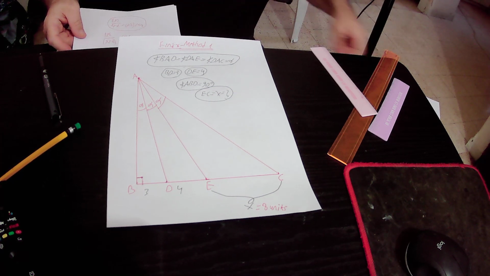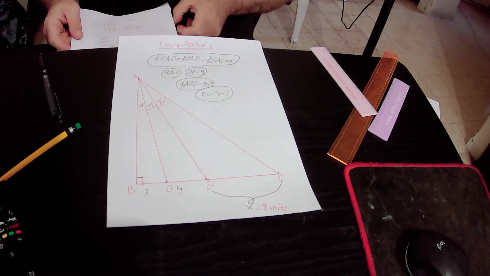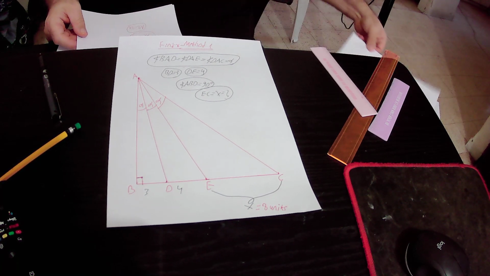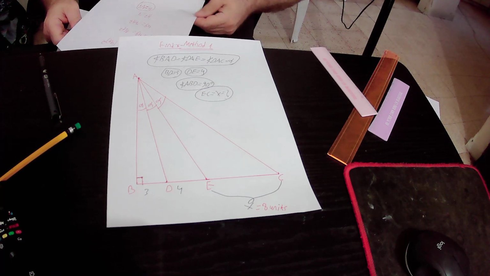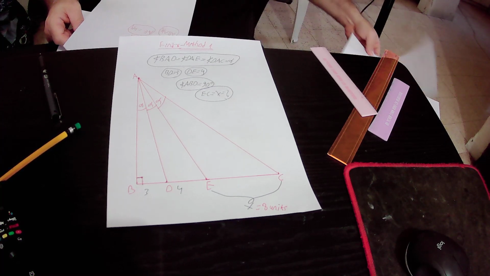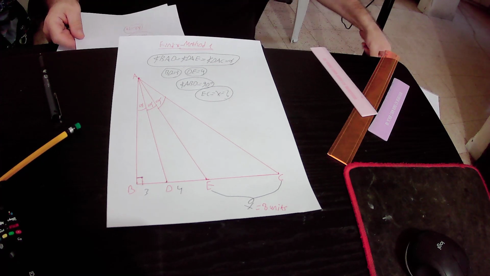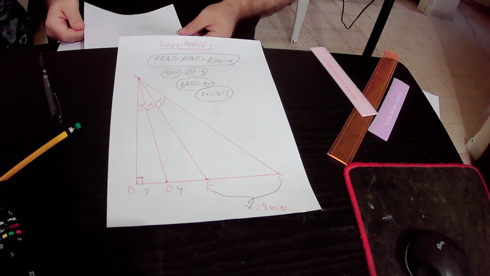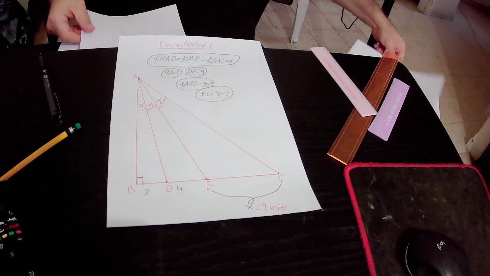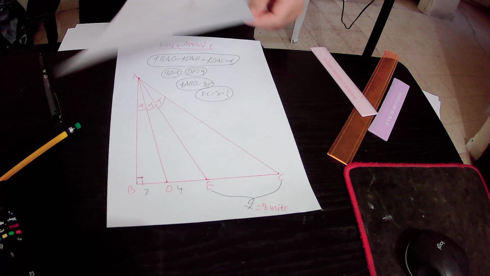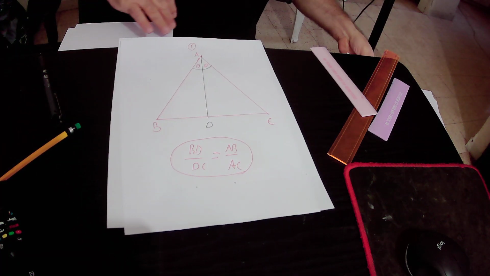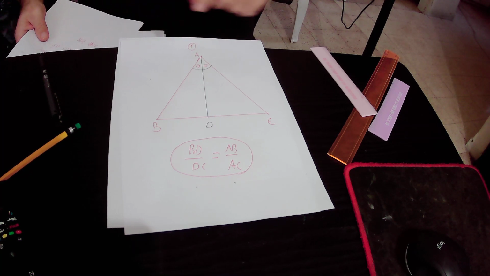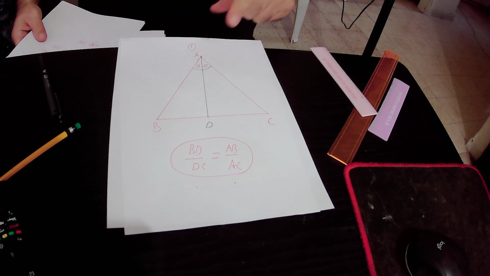I presented to you the angle bisector theorem. The angle bisector theorem states that if we have a triangle ABC and AD is angle bisector, why AD is angle bisector?